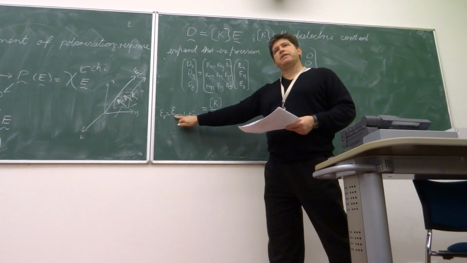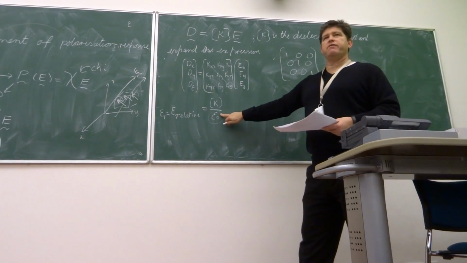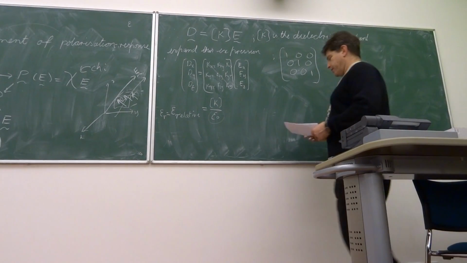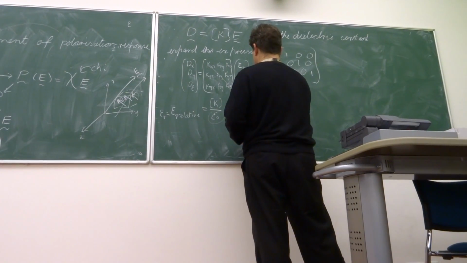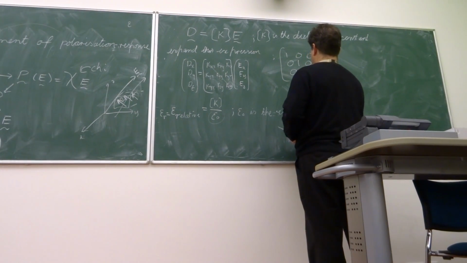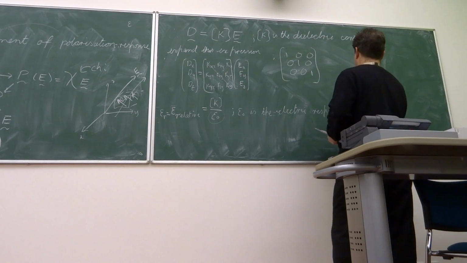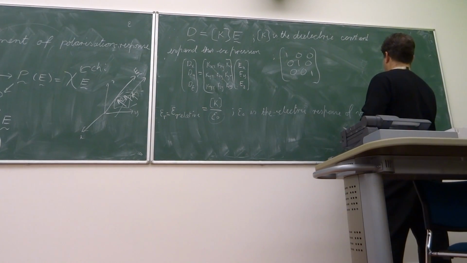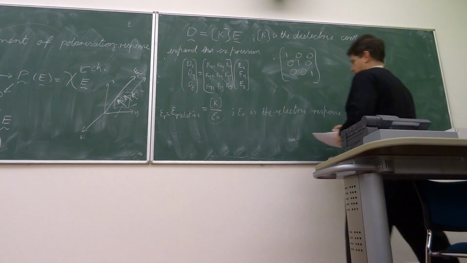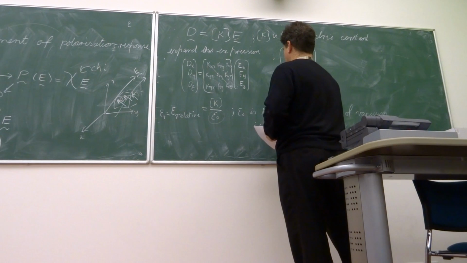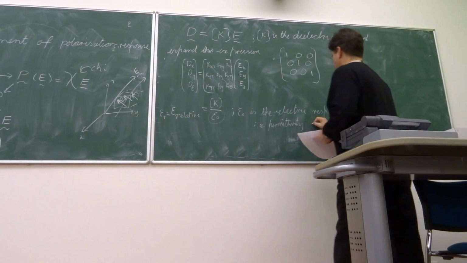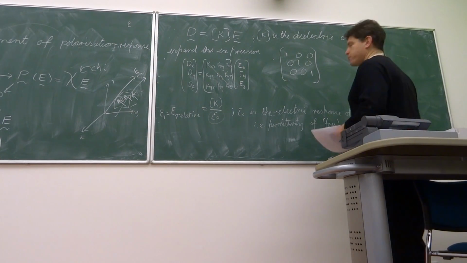So the relative permittivity is relative to the permittivity of free space, the vacuum response, in other words, i.e. permittivity of so-called free, as in free of material, space.